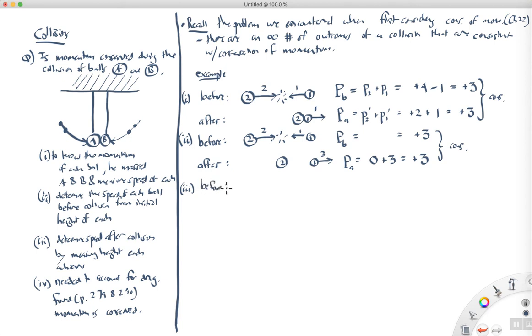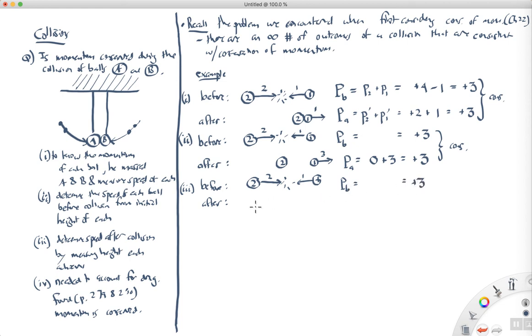And let me just do one more example for good measure. Again, we have the ball of mass 2 moving to the right with a speed of 2. It collides with a ball of mass 1 that is moving to the left with speed 1. Once again, the momentum of the system before the collision is plus 3.